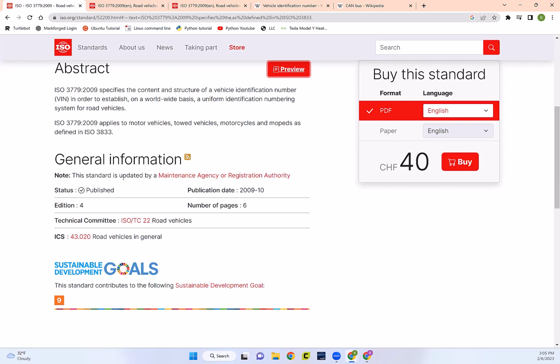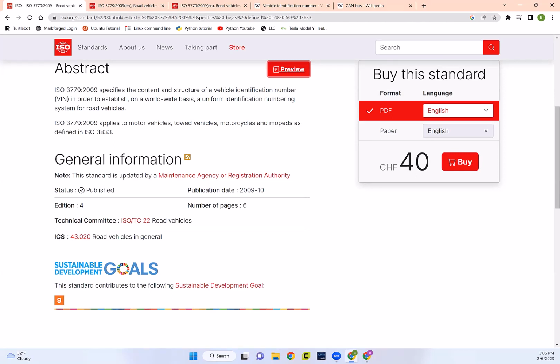But here in North America, we're waiting for NHTSA to tell us what we actually have to do, which is difficult to comprehend, because ISO, again, doesn't give you a rule or regulation. They're just saying, here's what you can do. Here's a recommendation. Here's the standard that you should follow.